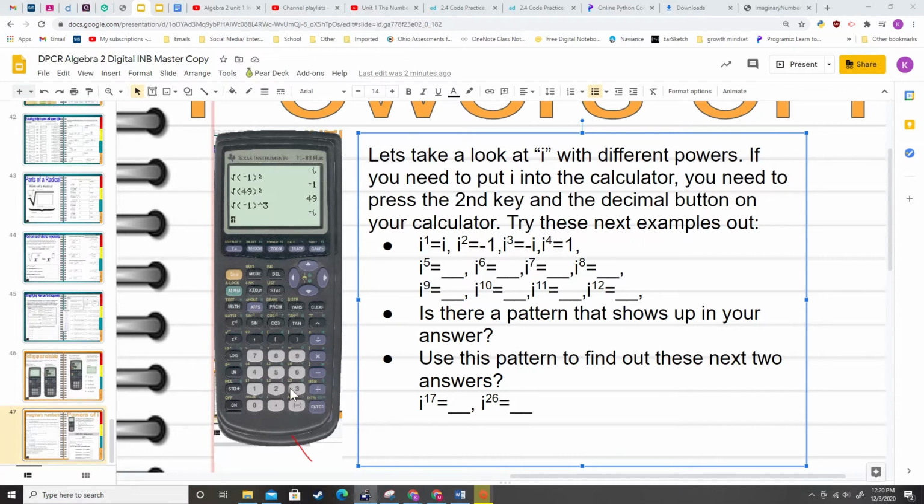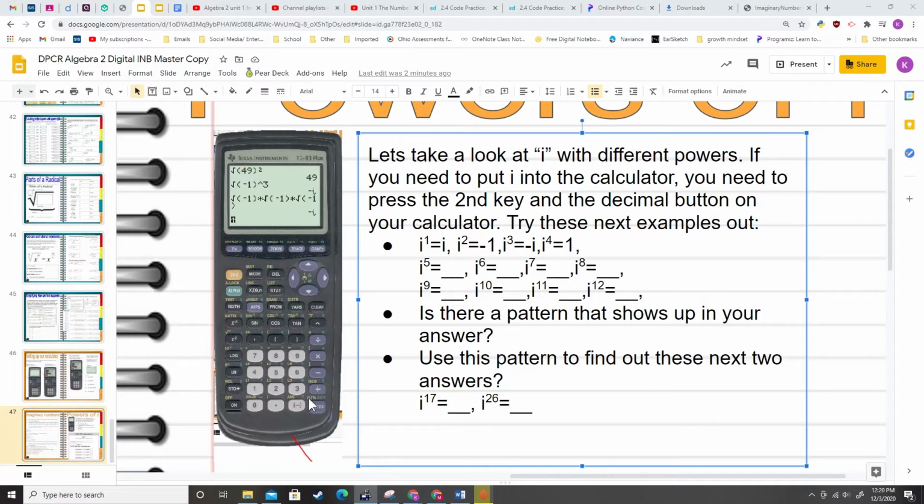This is really the square root of negative 1 times the square root of negative 1 times the square root of negative 1, like I was talking about earlier. Two of these give us a negative 1 because they undo each other, and this last one left over gives us an i.